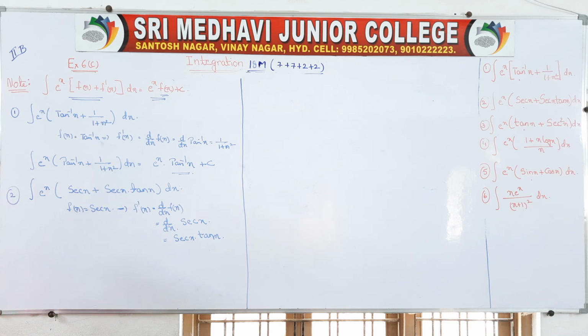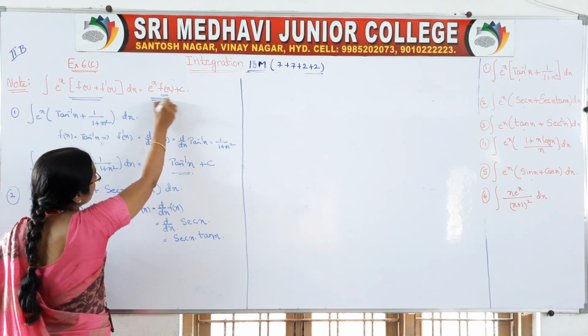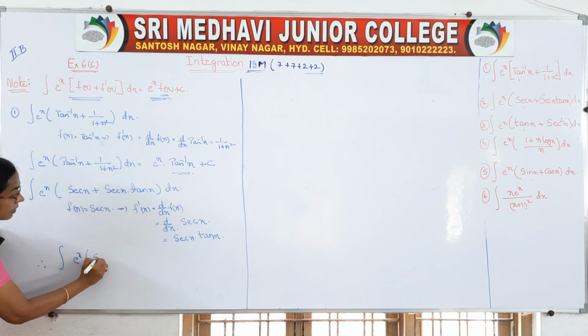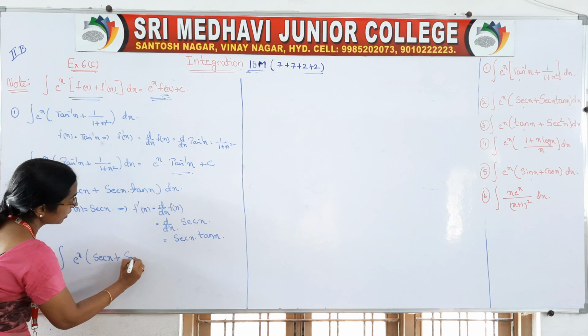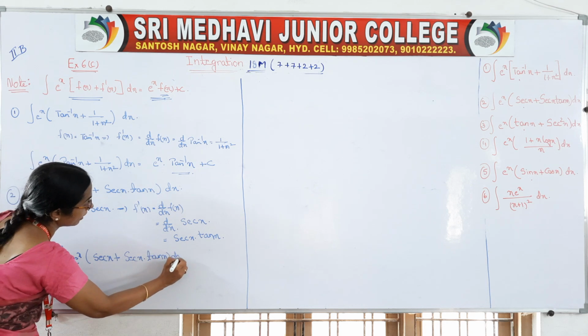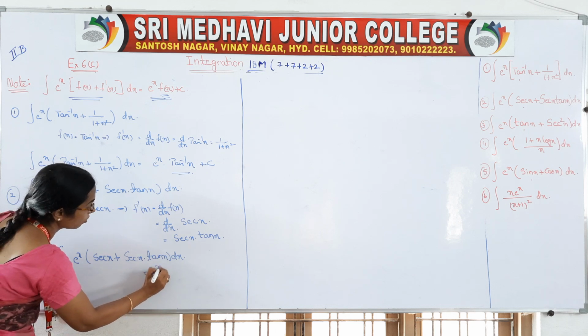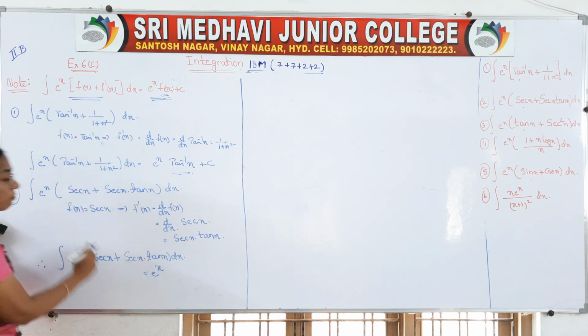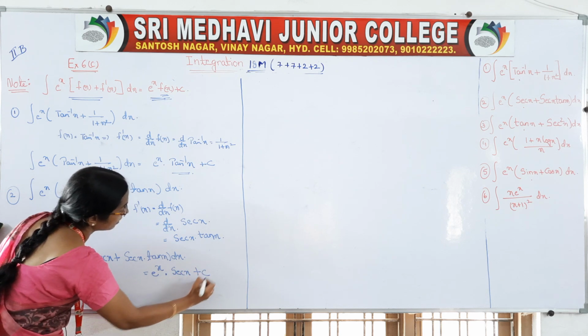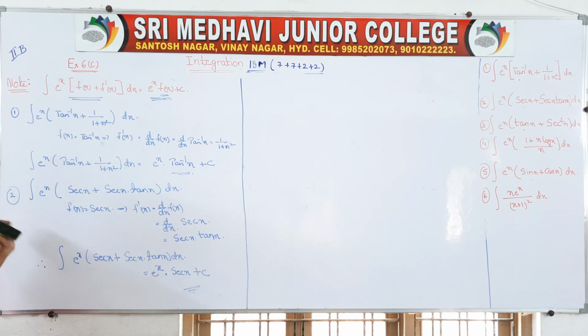So whenever it is like that, we take that value as e to the power of x into f of x plus c. Therefore integral e to the power of x into secant x plus secant x into tan x dx is equal to e to the power of x into f of x. What is f of x? Secant x plus c is the answer.